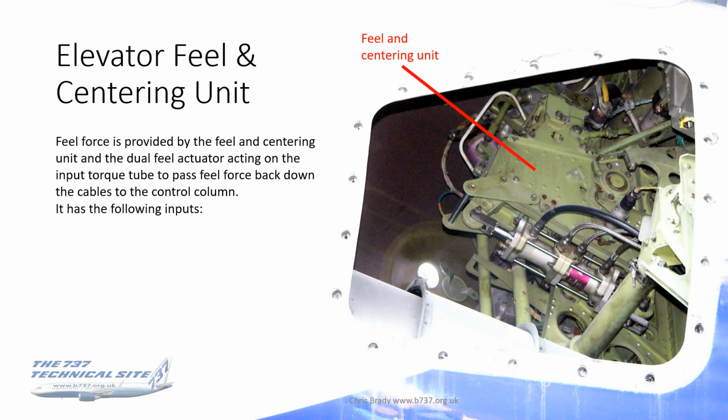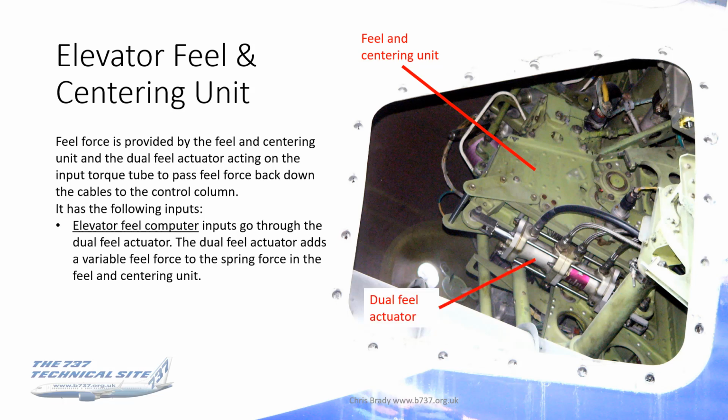And the feel and centering unit has got the following inputs. First one is from the elevator feel computer. As I've already said, this comes into the dual feel actuator, which is that silver coloured actuator underneath the unit. This adds a variable feel force to the spring force that's within the feel and centering unit.